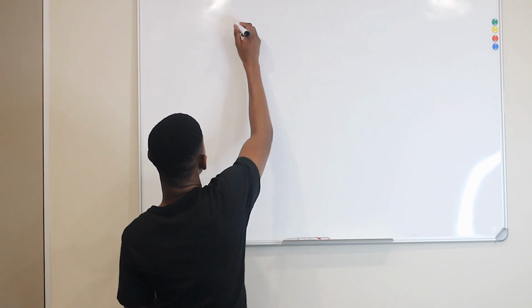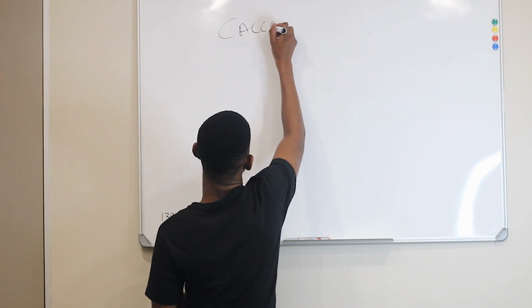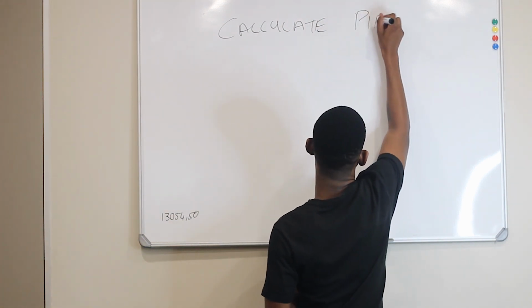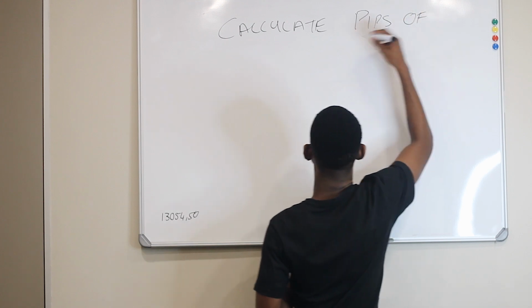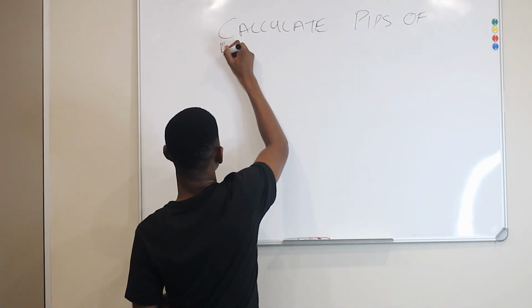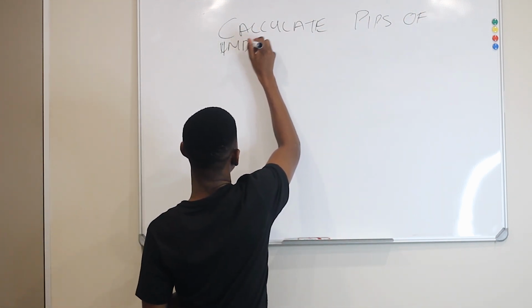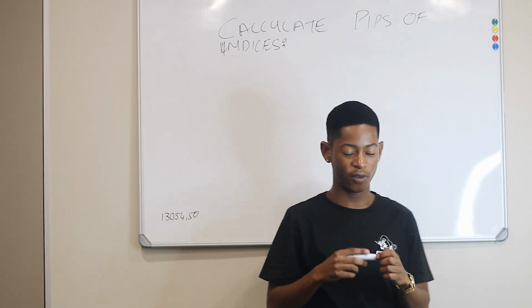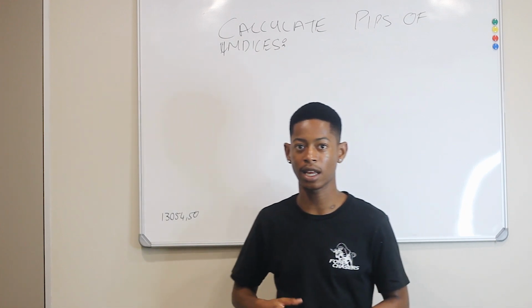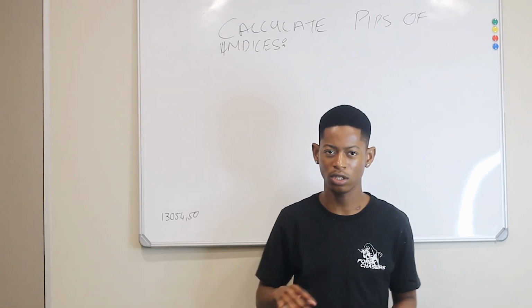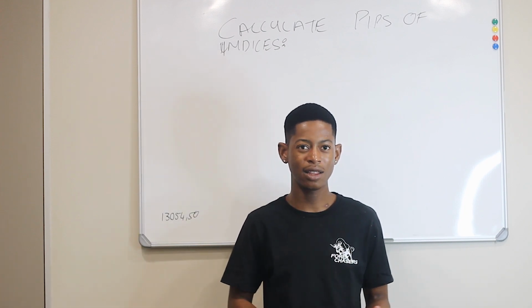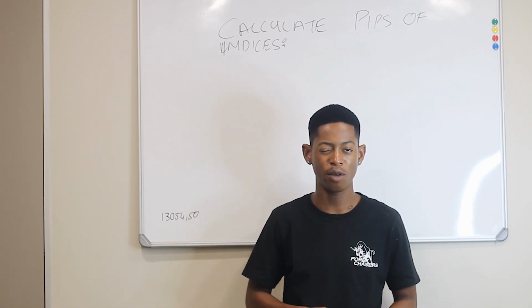So what are we jumping into? Calculate pips of, let's say, indices. Because I noticed from my side, when I started getting into indices, I was going on YouTube, I was searching on how to calculate, how to understand better of these indices, and there were really no videos that could help me out perfectly.